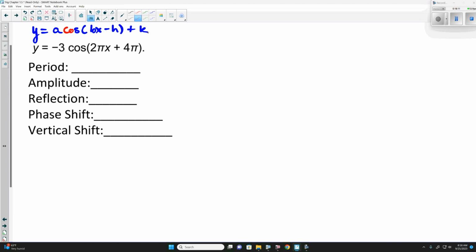Now looking at this here, there are several different things we need to get into. The one thing we know for sure is our plus k, we don't have anything added to the end. So there is not a vertical shift. It's not moving the function up or down.